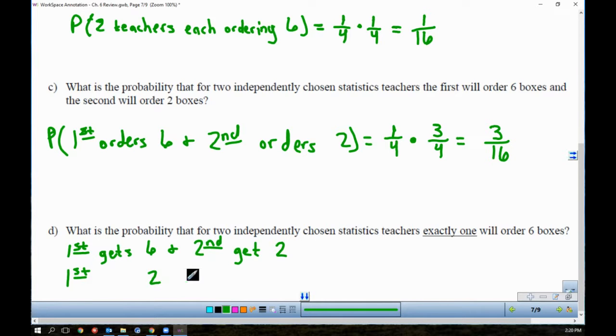First gets 2, and second gets 6. So let's call these events A and B. What's the probability that A occurs?